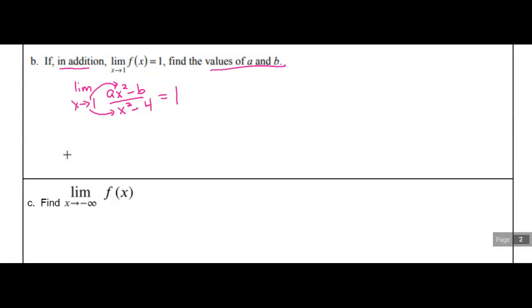So we would end up with (a minus b) divided by negative 3 is equal to 1, multiplied by negative 3. And so I end up with this system. We know this, but we also know from part A that 9a minus b is equal to 30.